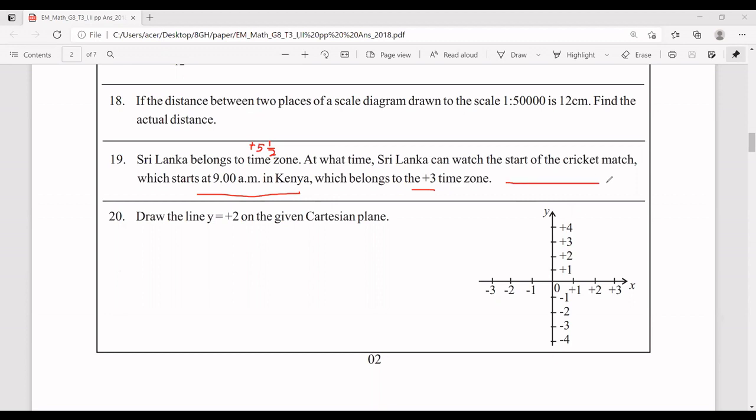If we take 0 here, plus 3 maybe in a place like this. Plus 5.5 maybe in a place like this, because in a number line, plus numbers are on the right hand side.